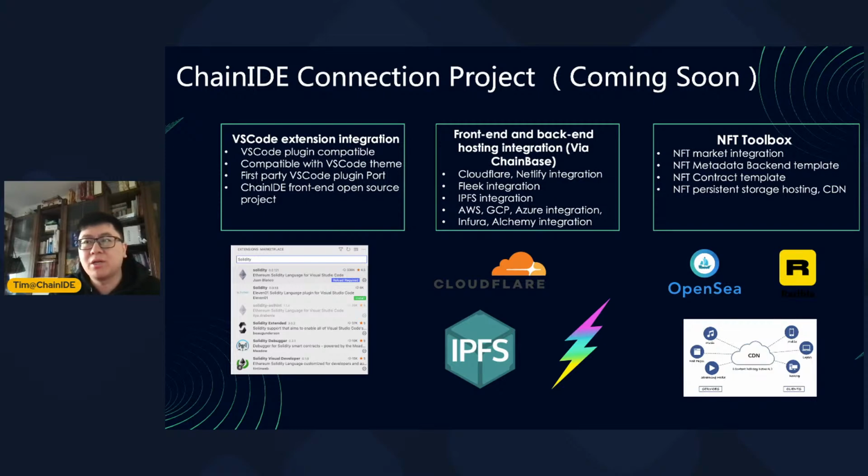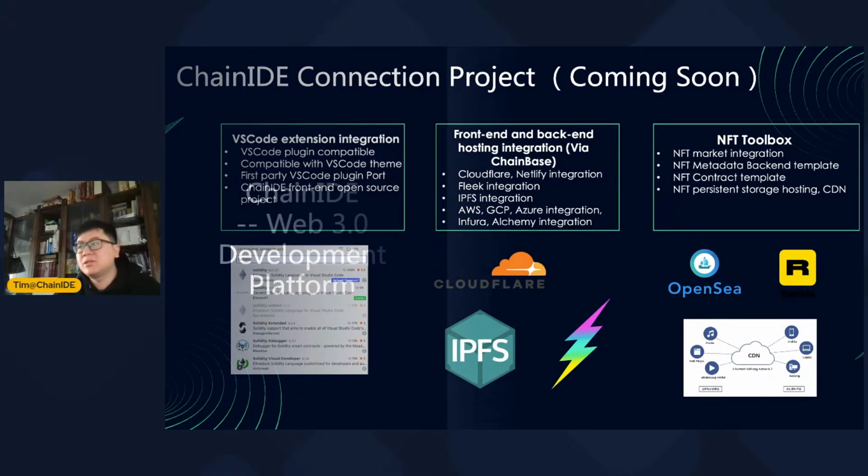So it's one click to create the different metadata formats, and also a smart contract template and the persistent storage, hosting and CDN. That's also via Chainbase. Yeah. So these are not all the future plans, but part of our future plans to make ChainIDE more useful and connect into more external and internal services.